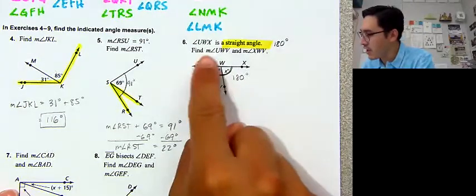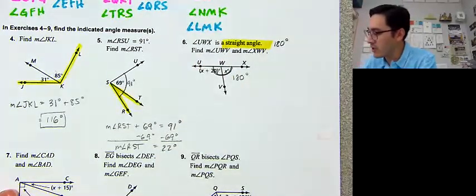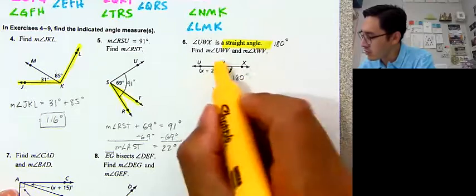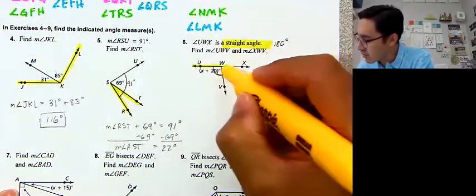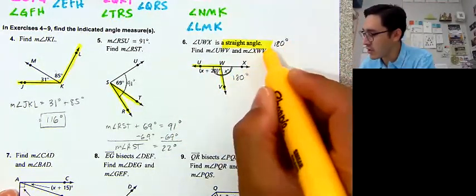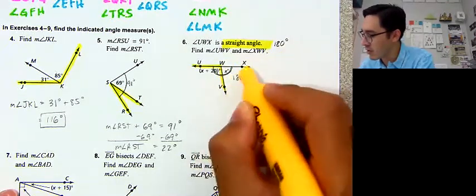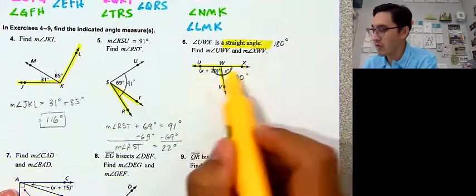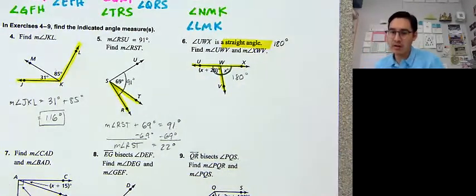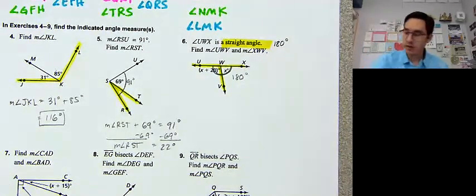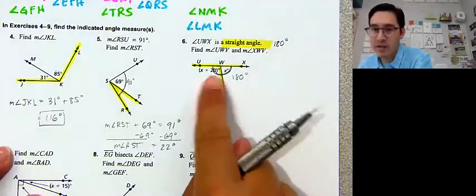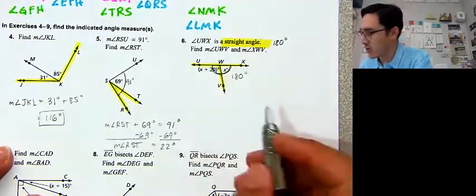Find the measure of angle UWV and the measure of angle XWV. We basically want to find the measures of the two adjacent angles that make up that straight angle. And we have some algebraic representations for those two angles.